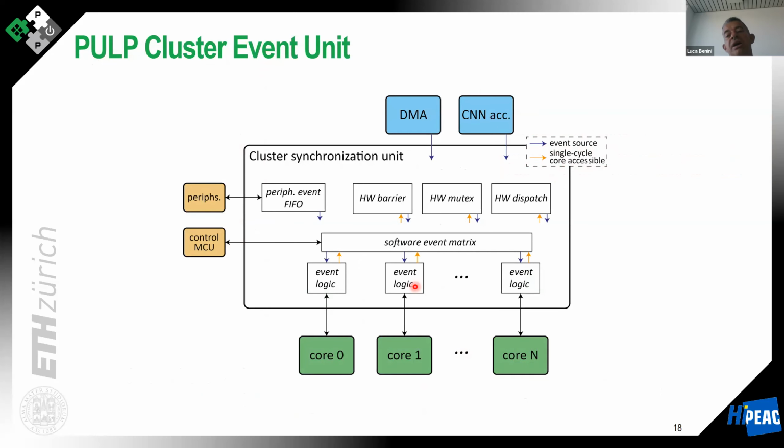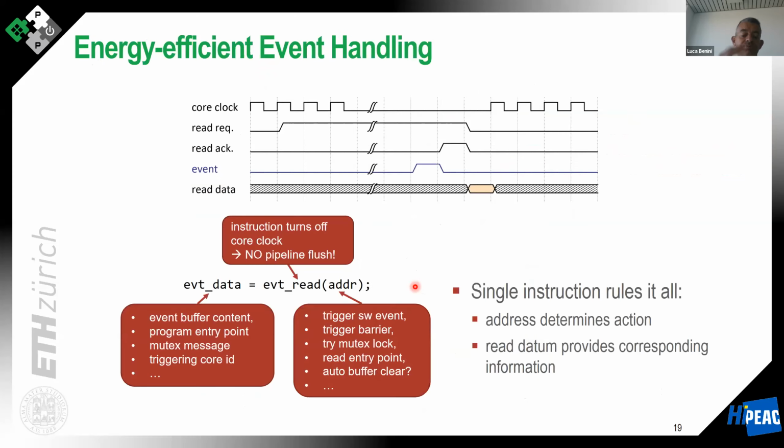So this block has been implemented with dedicated hardware, which manages this quiet synchronization, non-polling synchronization, and removes all the needless or useless switching activity related to polling synchronization variables.